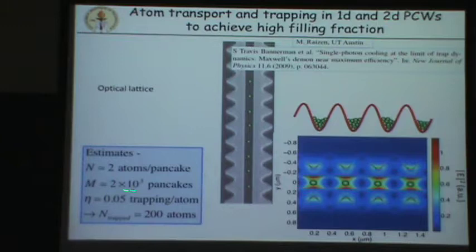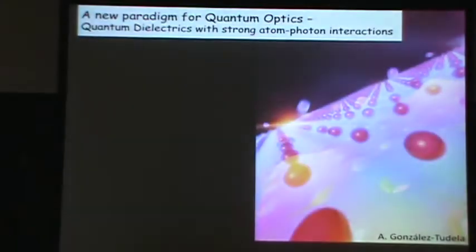And the projections are that this lattice moves through in a millisecond, and we only have 200 atoms. The photonic crystal only has 150 lattice sites, so a millisecond. So that's what we're looking at.